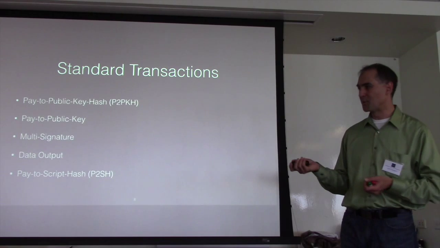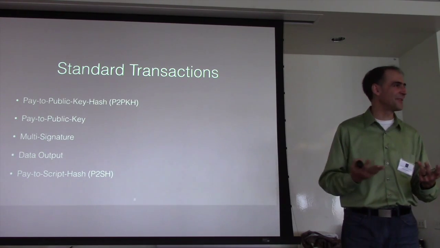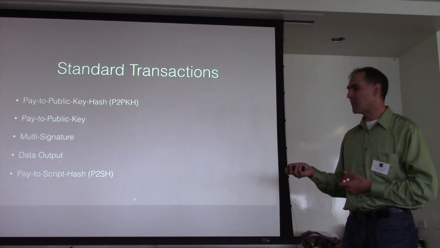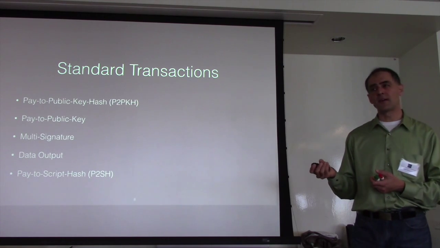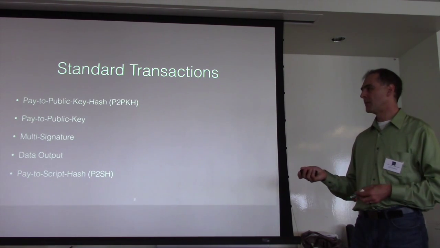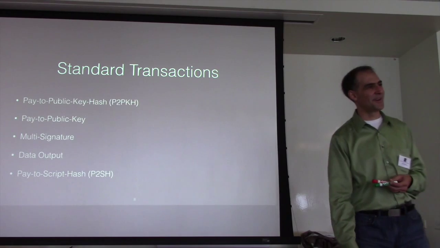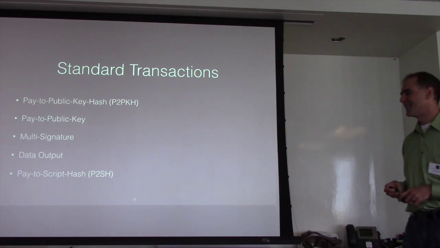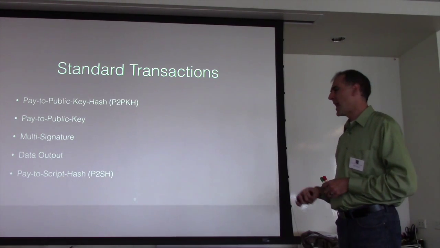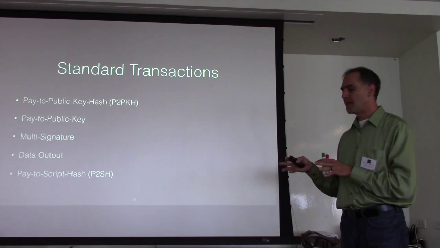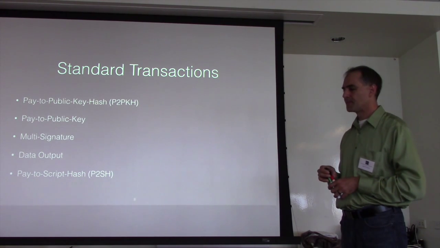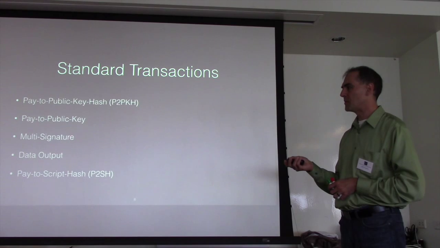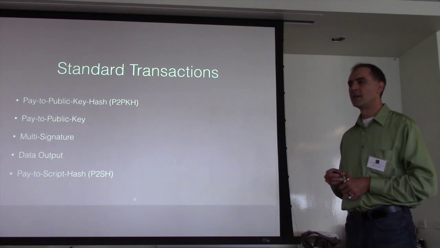If you have multiple keys, hopefully you can find a couple to unlock it. Data output is an exciting new one. This will be the OP_RETURN, the null data output. We'll talk about that later. And then pay-to-script-hash, which is an interesting transaction type when paired with multi-sig.